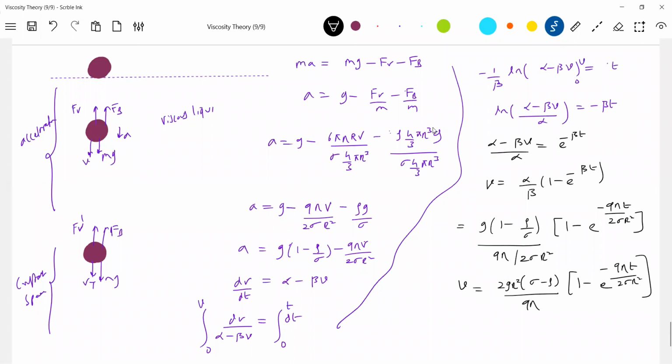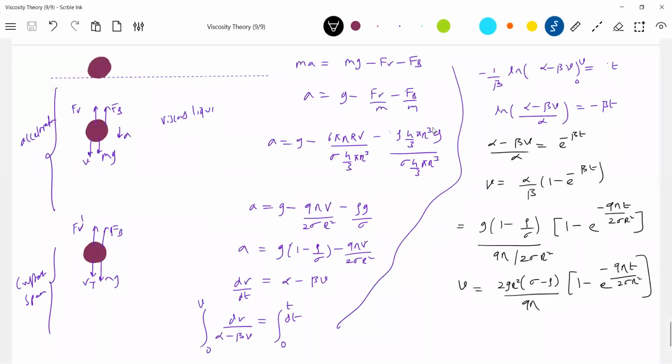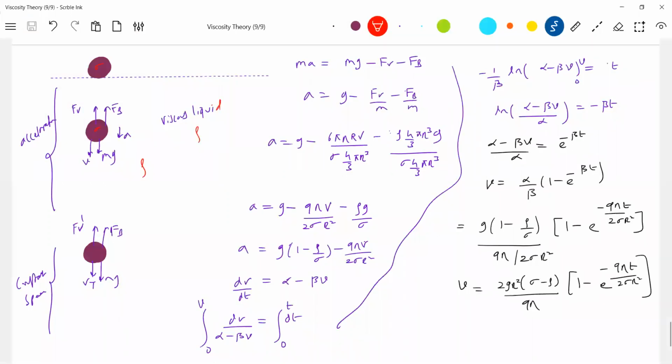Anybody, how will this graph be? Can you remember some graphical problems we did, at the very beginning? How will the graph be? It will be exponentially increasing. It will not increase linearly. The speed will not acquire the terminal velocity linearly. It is released from rest at t equals 0. This is at any time t.